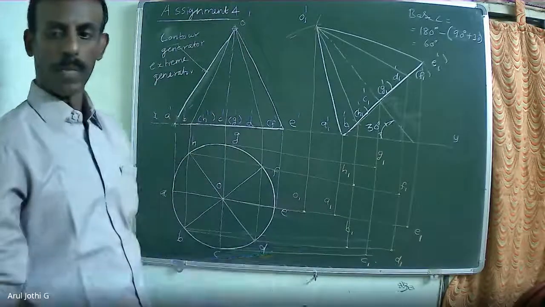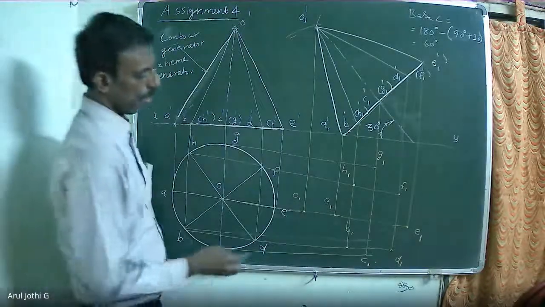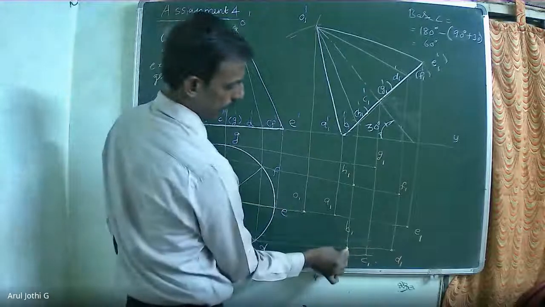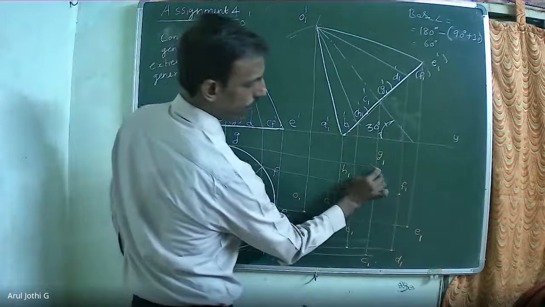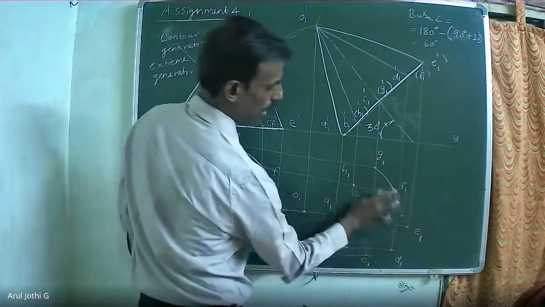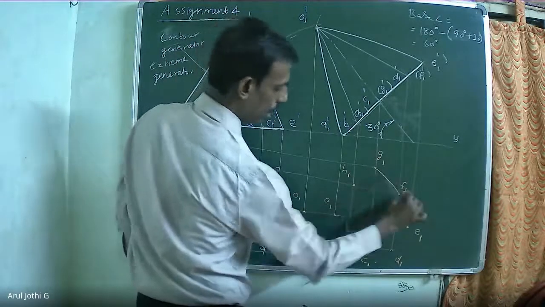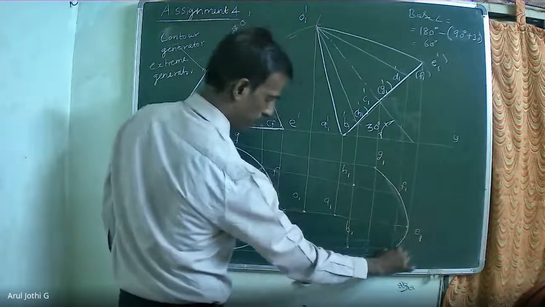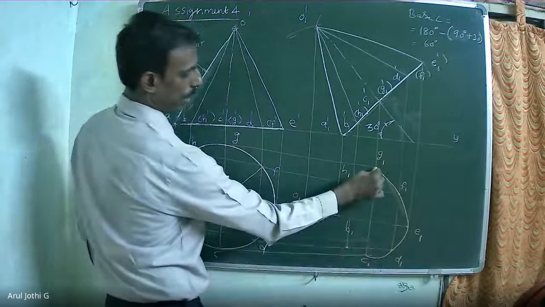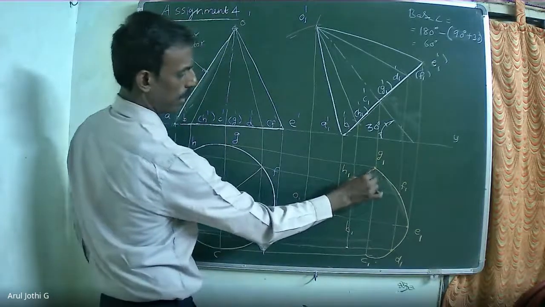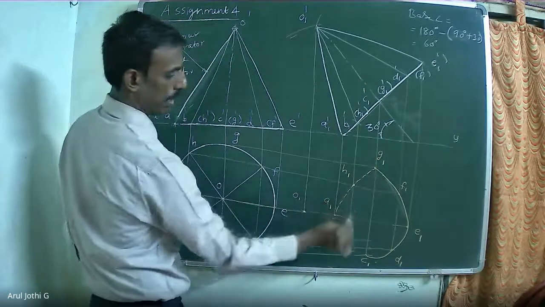So the outer semicircular shape, this outer circle, will be visible, and the inner circle will not be visible. That you have to show as a dotted line.